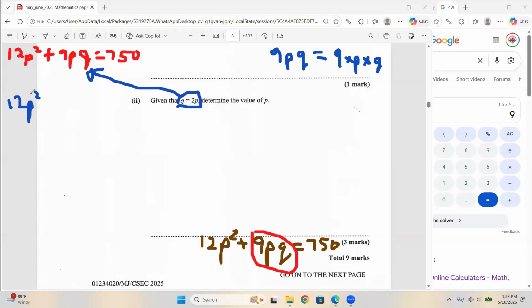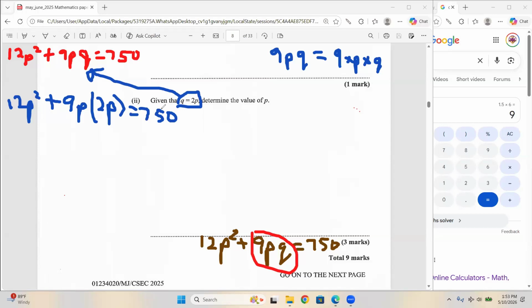That is not changing. And then what's the next thing? Plus 9, we have the P, and we are changing the Q. If you want to put it in brackets, you can put it in brackets, is equal to 750.